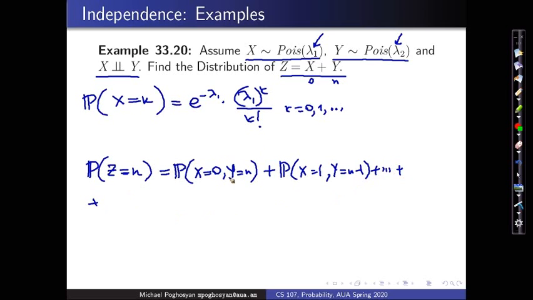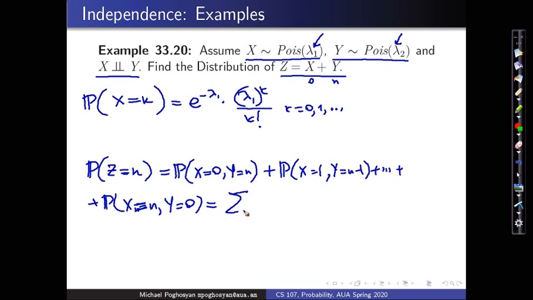If I write it in product form, that will be a convolution. So maybe x is n and y is 0. Okay, so I will write this in the form of a product. Because of independence, I can write it as a product: probability that x is 0 times probability that y is n.